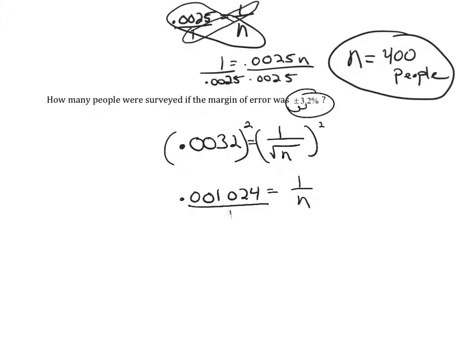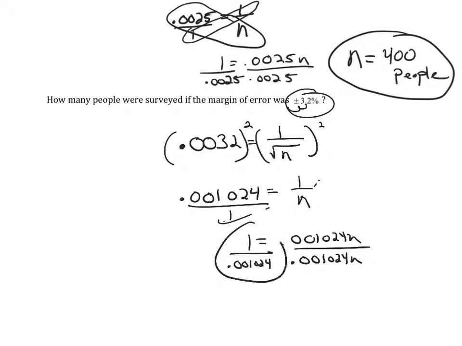At this point, you can cross multiply or you can start to remember, well, all I have to do is 1 divided by this to get our answer, okay? Because if we cross multiply, you'd get 1 equals 0.001024n, and then once again, we're just going to divide by that number, 0.001024. This will be our answer once we type it in the calculator.